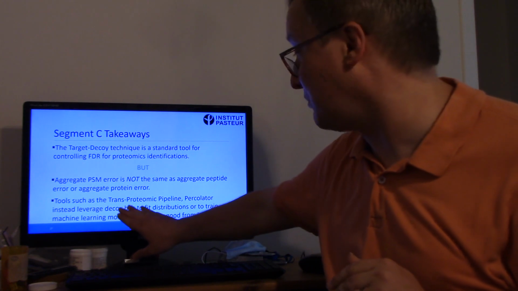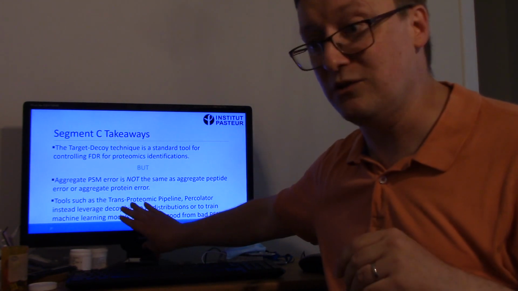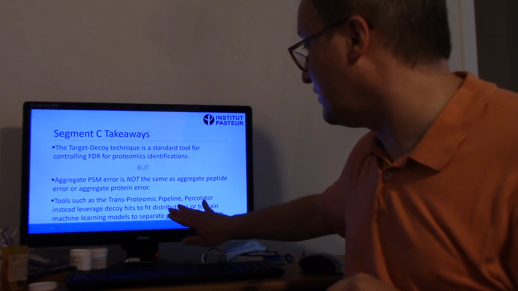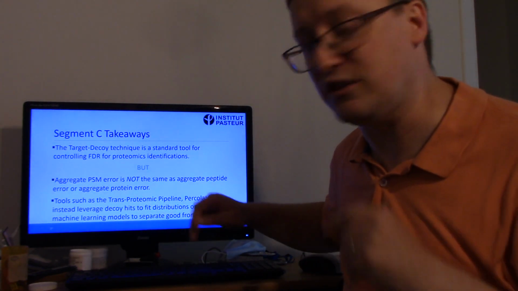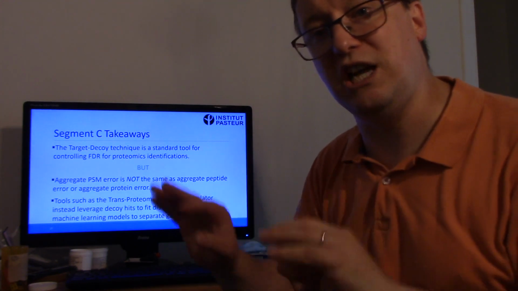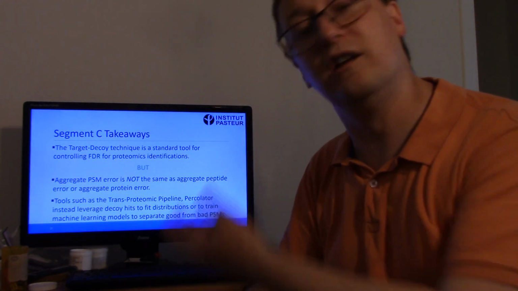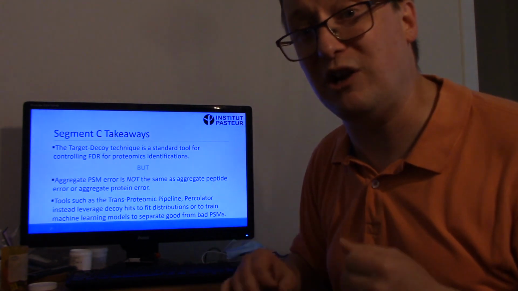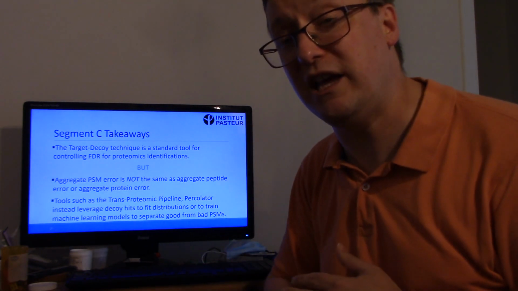Tools such as the Trans-Proteomic Pipeline, which is very widely used in things like Philosopher and in Scaffold, and tools like Percolator, which I've mentioned en route, frequently use decoy hits in a rather different way than what I've described here. The target decoy approach I've described here is kind of the simplest way to apply these data.